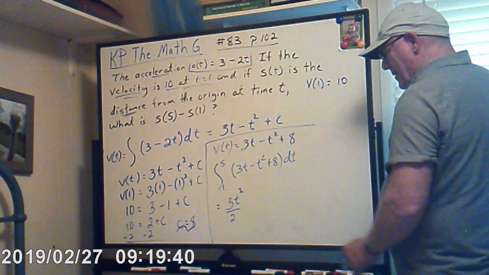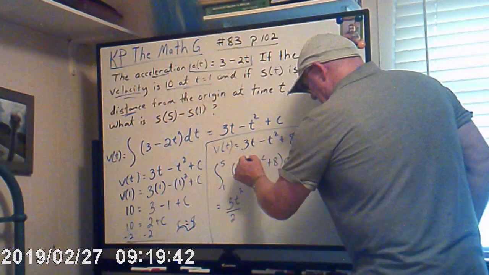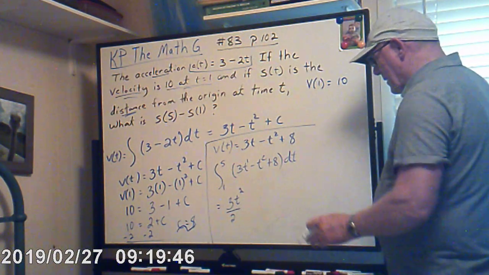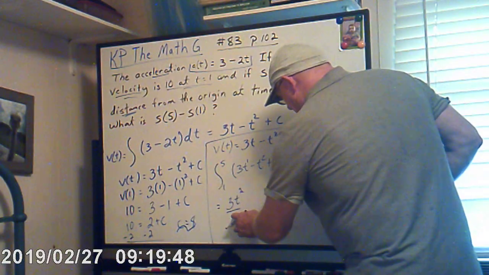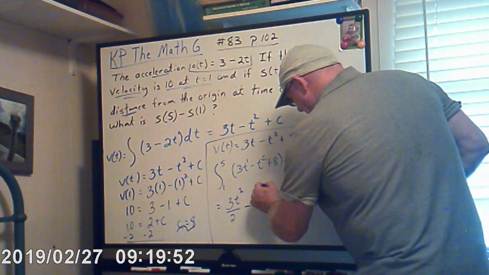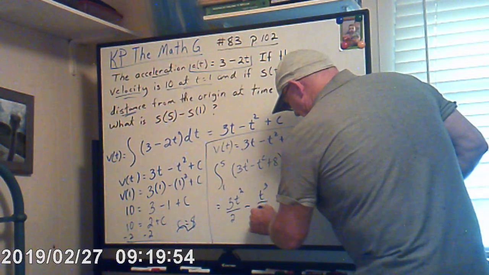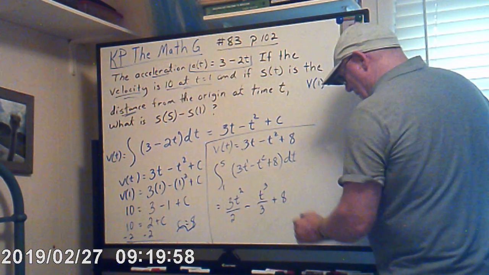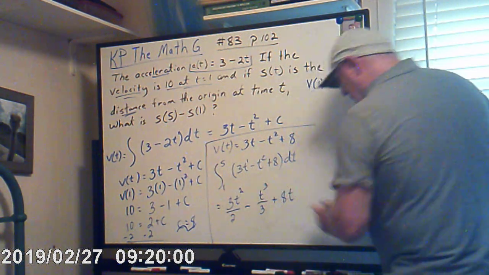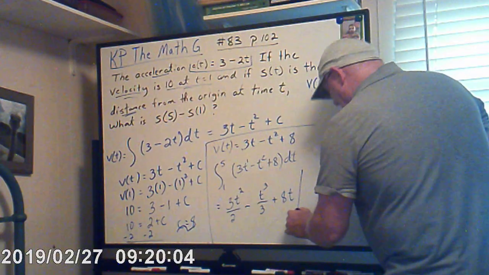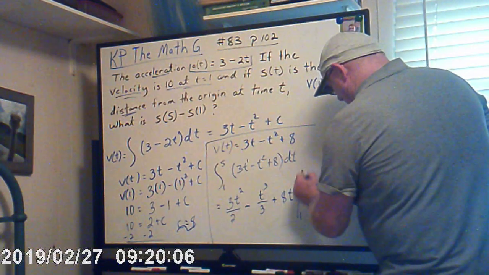Add 1: I already have a 1 here, so 1 plus 1 is 2, and put the 2 down here. Add 1 to the 2, you get a 3. Put the 3 down here, and then plus 8. And then if you got a constant, don't forget to put the t. Don't leave the 8 right here. You don't have a plus c here. You do have a definite integral from 1 to 5.